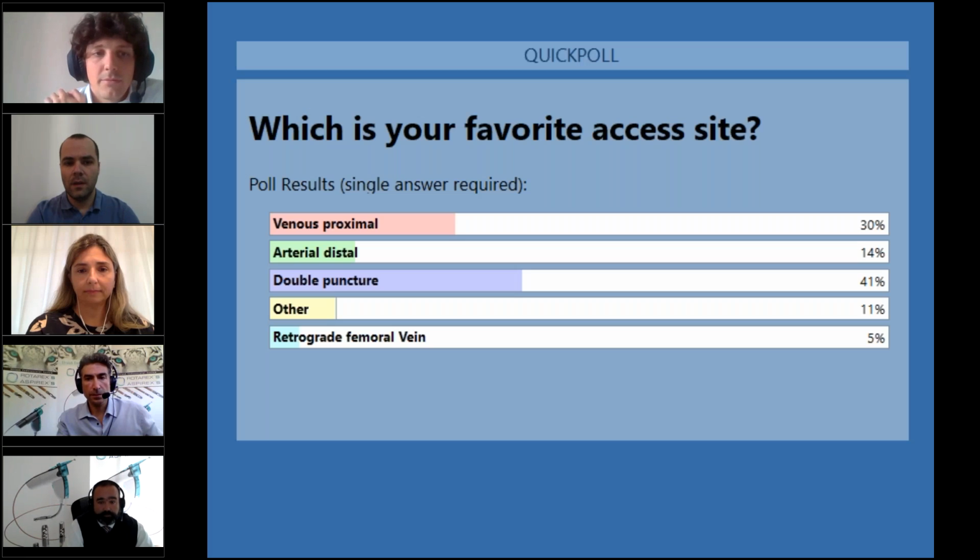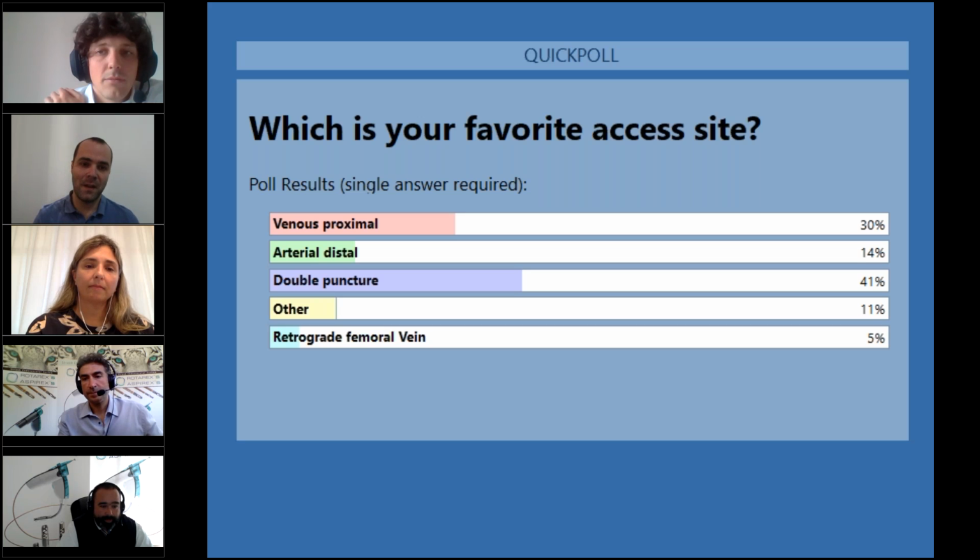Okay. And maybe Sergio? Yes, sorry. No, sorry. For grafts, I always use the arterial, the radial approach. But for native fistulas with aneurysms, I like the double puncture as well, because removing the introducer is very easy.